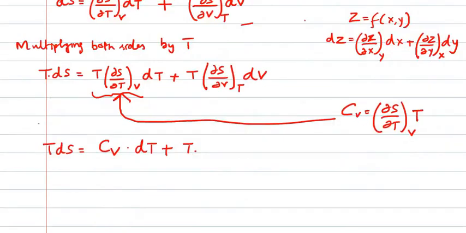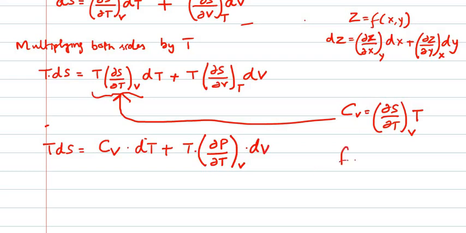So dou S by dou V at constant temperature is equal to dou P by dou T at constant volume into dV. How do we get this equation?